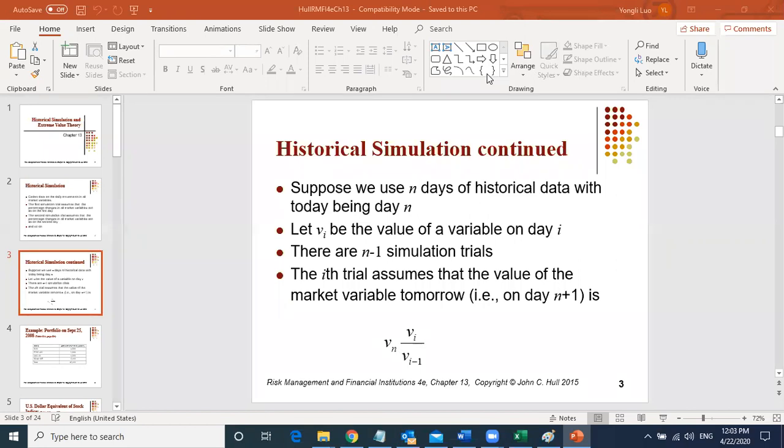The other is V_i divided by V_(i-1), that's the daily return. So that's how you do historical simulation.